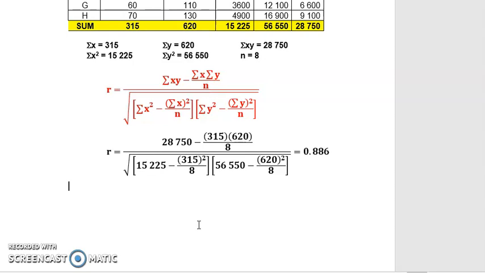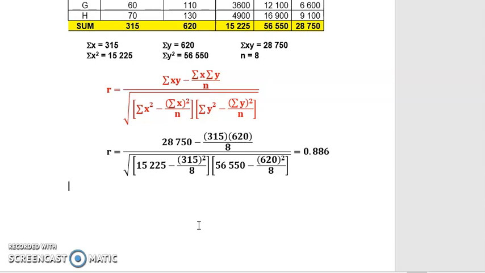Here we get 0.886, which is almost 1, so 88.6%, almost 90%. So we can say there is a strong correlation.